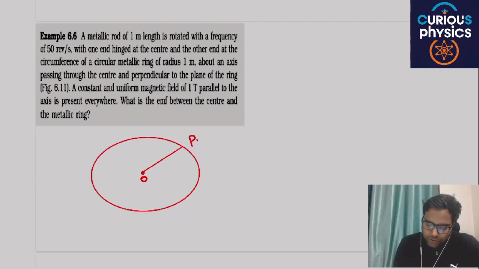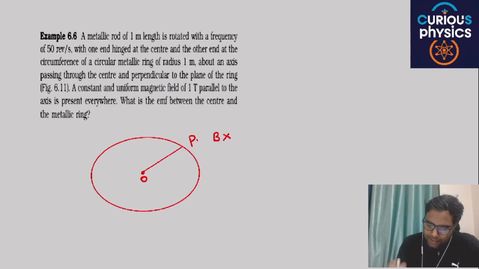A constant uniform magnetic field of 1 Tesla parallel to the axis, let's say in the inside direction, so B is in the inside direction. This is the direction of the magnetic field.